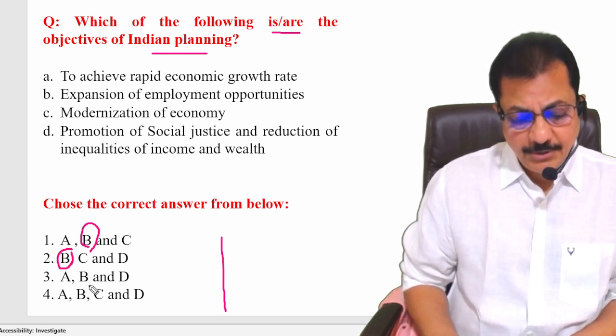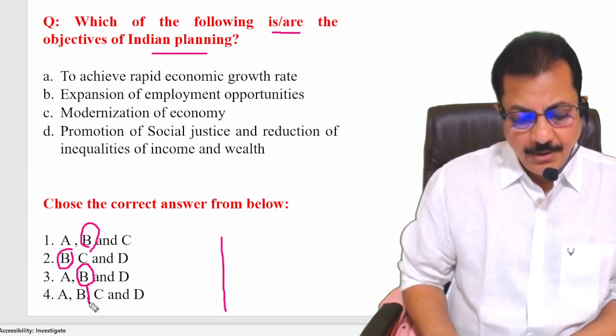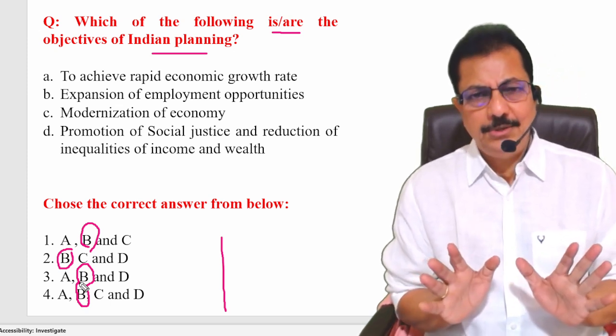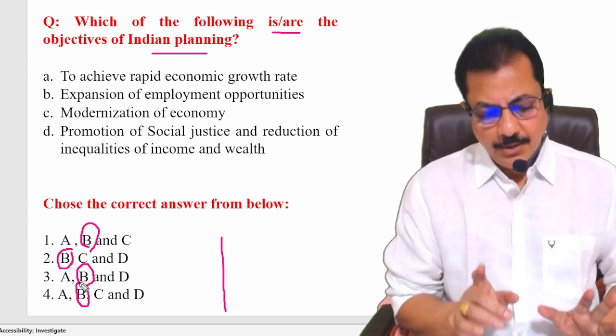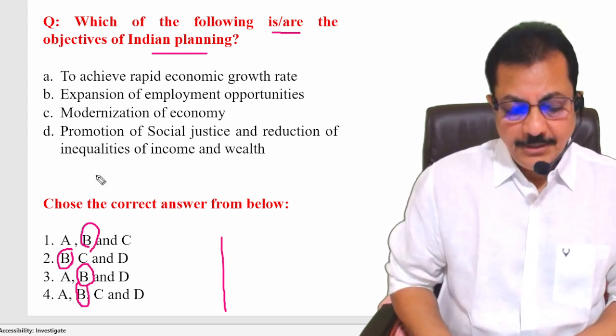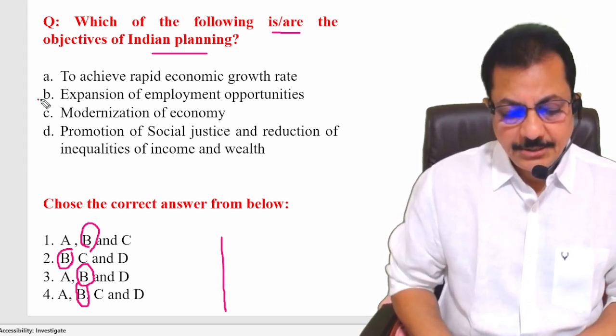It will not take much time for you, my dear friends. Because I am explaining and drawing something here, it is taking some time, but in the examination it will not take much time. With a single glance you will come to a conclusion. So when B is present in all the four options, then B must be correct.